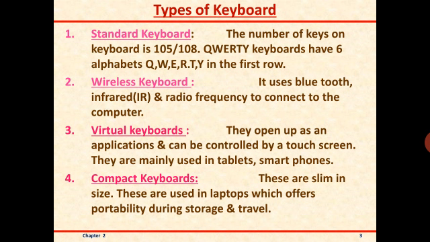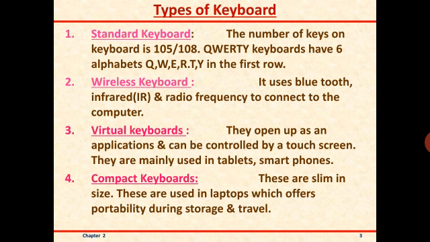Then the fourth category is a compact keyboard. Compact means they are very small, slim in size. These are used usually in the laptop, because we have to carry the laptop from one place to another place. We cannot have a huge large size keyboard with us.